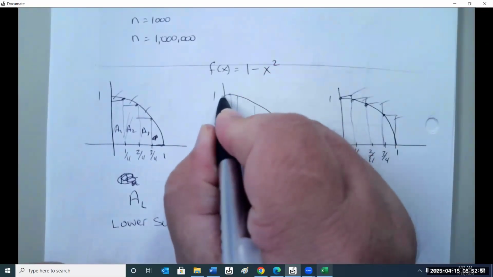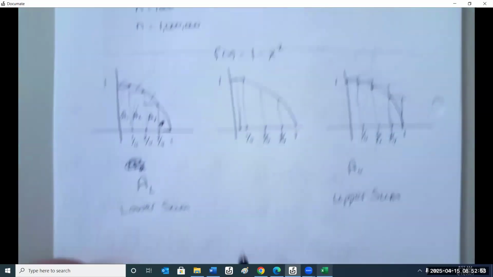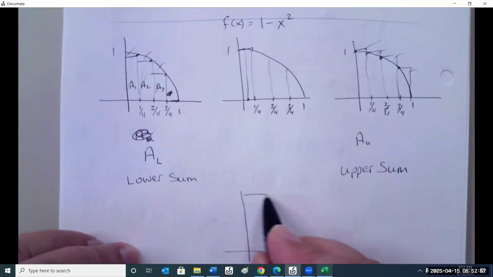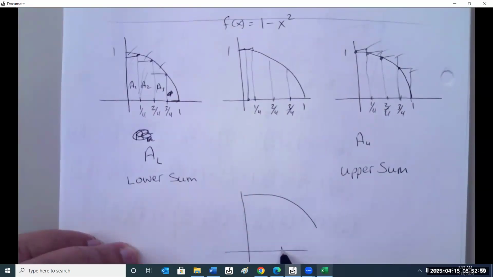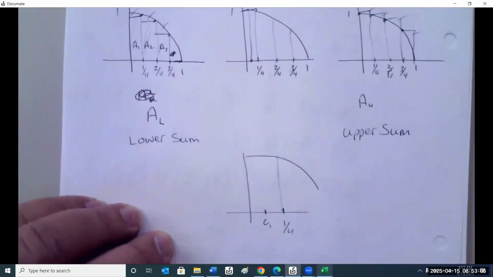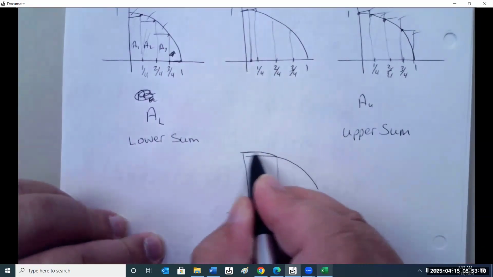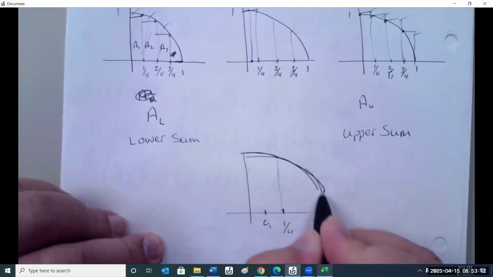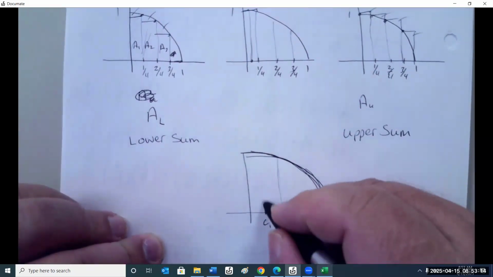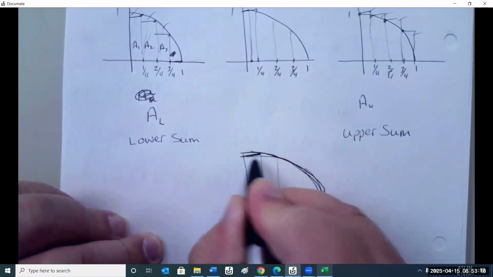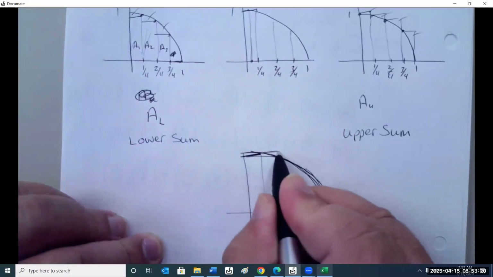So my graph would look like this. Let's say this is 1/4. This is exploded. If this is my midpoint, then I have a little below and a little above.